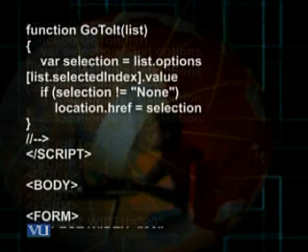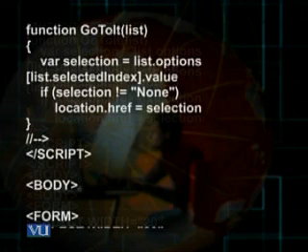I can write any word as the argument of function goToIt. Here I have chosen the word list, with the help of which function goToIt would be able to view the values passed over to it from the select tag. In the function I have defined a variable selection, and I keep its value as list.options, list.selectedIndex.value.